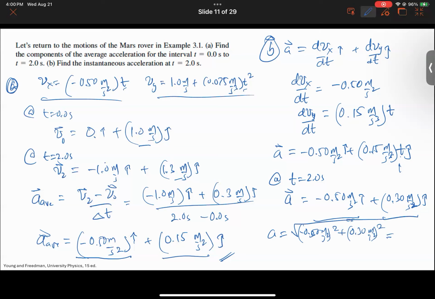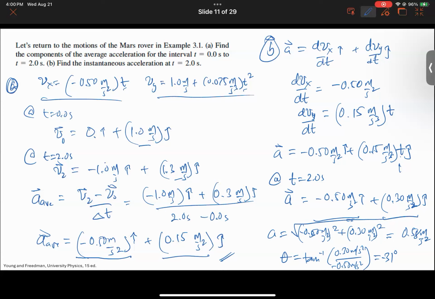Okay, and this is equal to 0.58 meters per second squared. Tapos yung direction is nothing but tangent inverse ng 0.3 meters per second squared divided by negative 0.5 meters per second squared. Okay, this gives us on a calculator negative 31 degrees na angle.